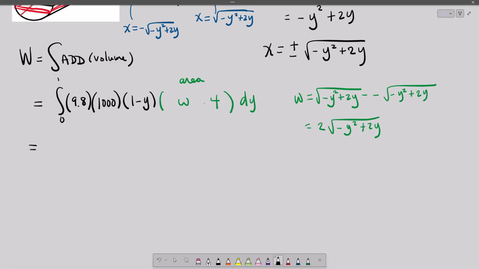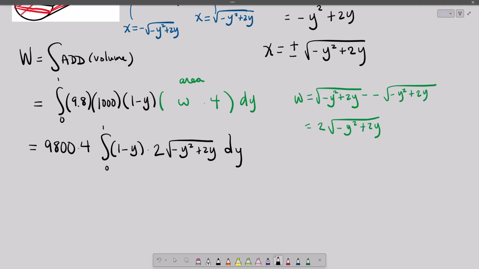So now we have a 9800 out in front once again. That 4 is constant, so it can come out to the front also. So here's what we're left with in terms of variable: 1 minus y, the distance, and then the W. We'll pull that 2 out in 1 second, but we can pull that out.